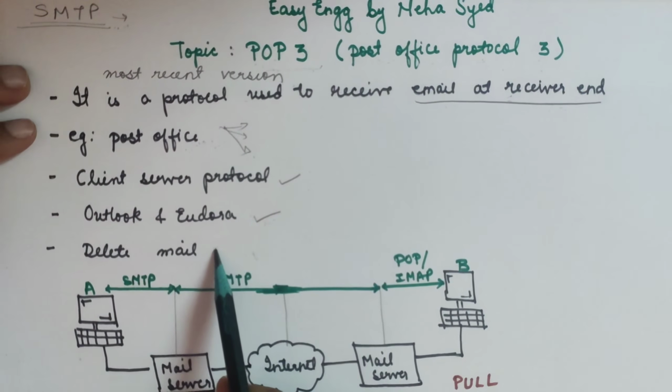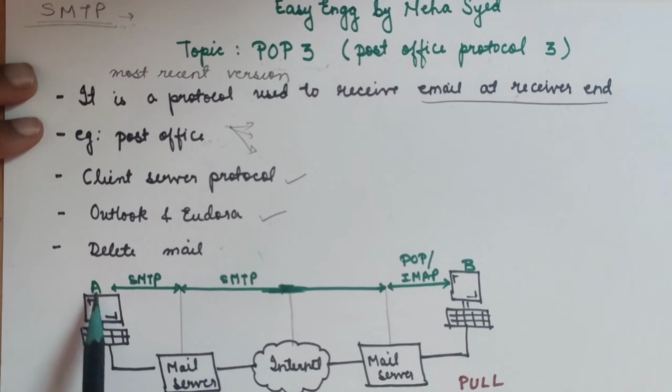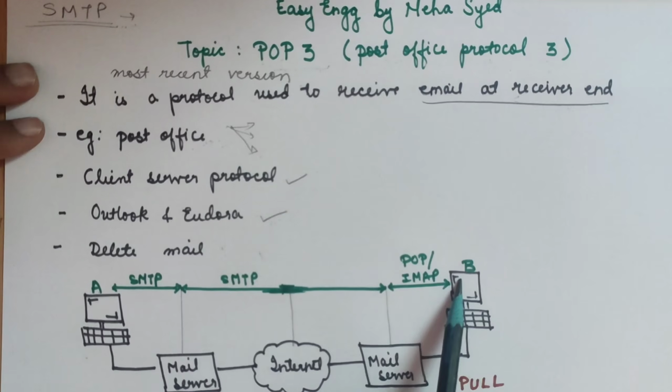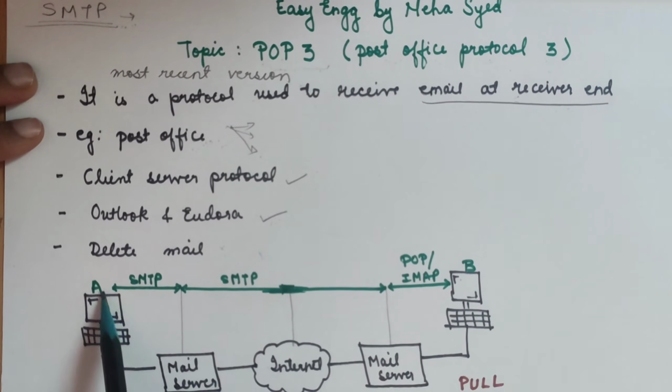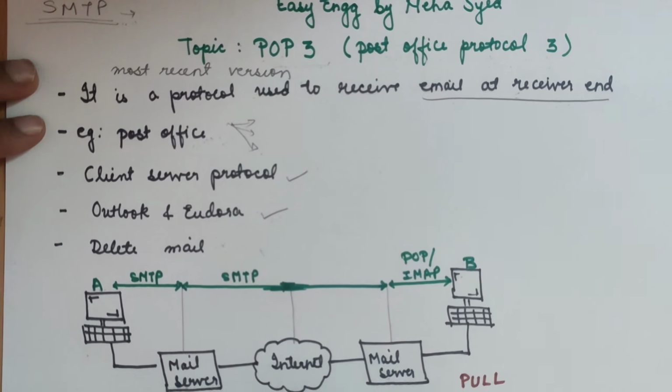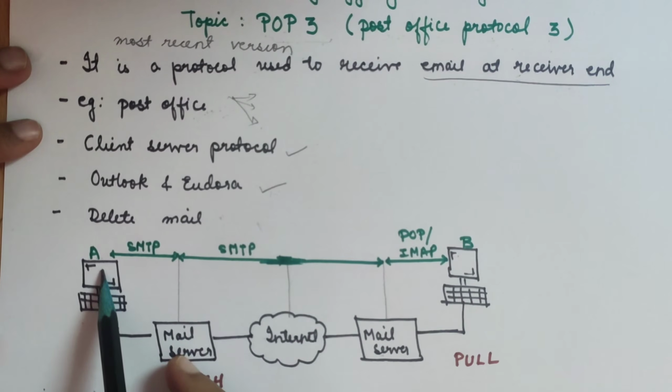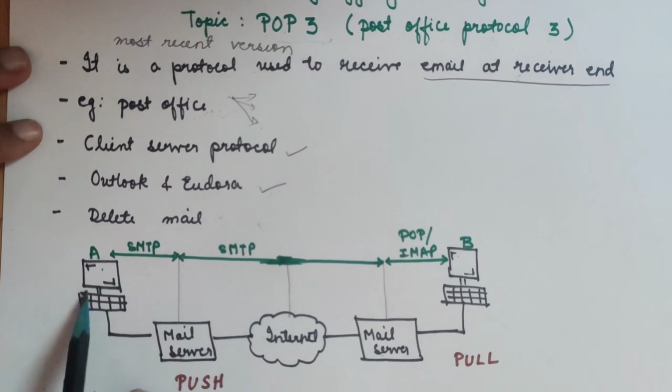Okay, now see, whenever we are transferring the data, or you can say that if you want to send the mail from client A to client B, how is it going to be sent? See, first of all, the messages are going to be sent with the help of mail servers, and these mail servers use SMTP from the client user server to the recipient mail server.